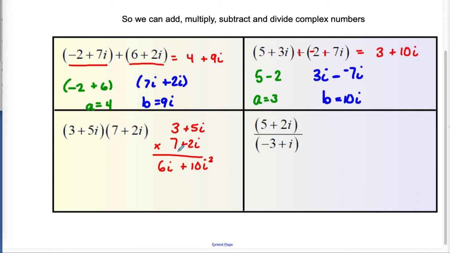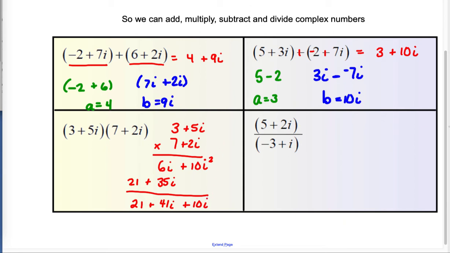Now 7 times 5 is 35i, and 7 times 3 is 21, and when I add them together, I get 21 plus 41i plus 10i squared.